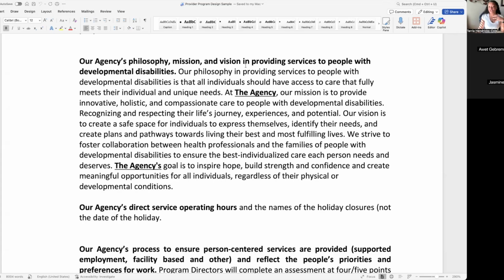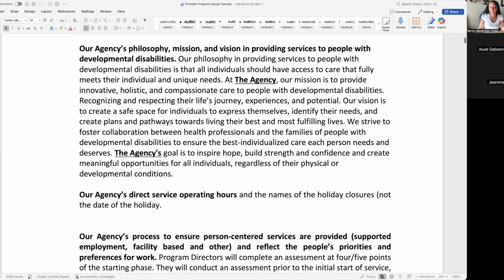This is something that you guys should have done prior to this call today. Every agency has to have a mission, a value statement, and a vision statement; it is required by the state. I gave very generic ones, but hopefully you guys have drafted up your own.